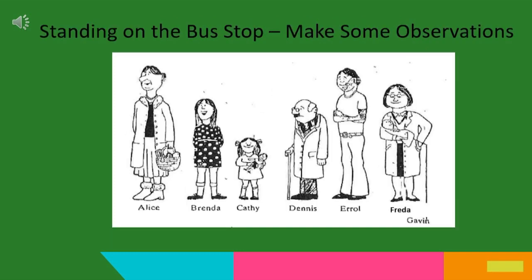Now comes the fun part. There are 7 people standing on the bus stop. These 7 people represent the 7 points that we just talked about. What I would like for you to do is to take a few seconds and make as many observations as you possibly can.